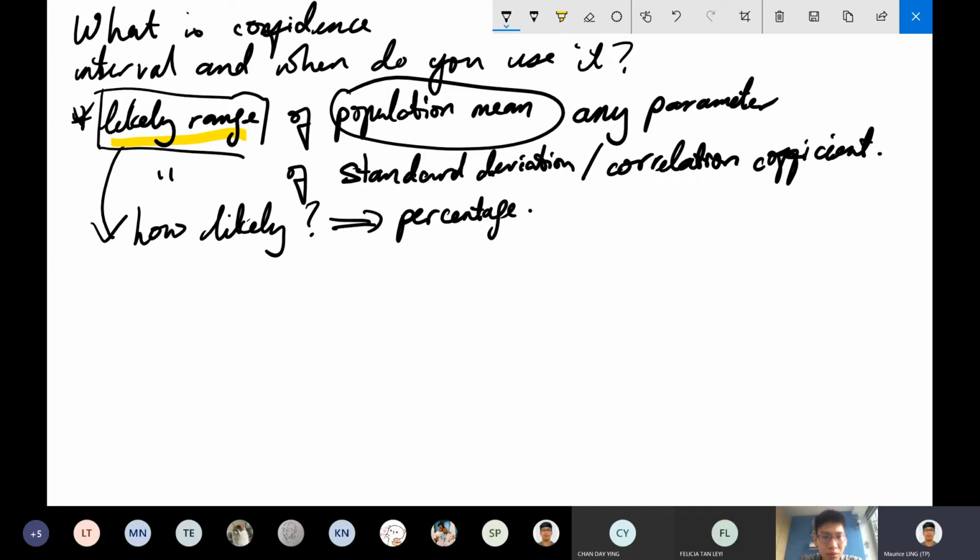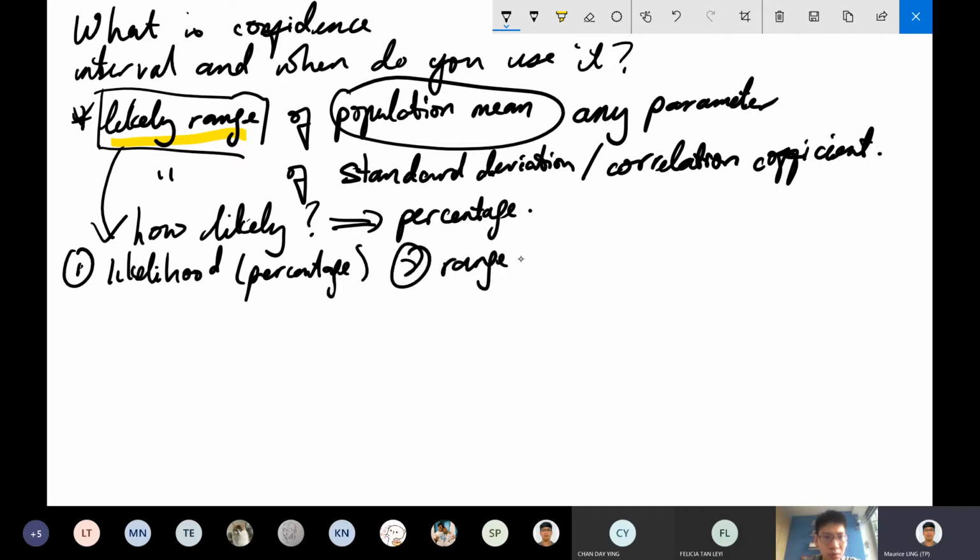So for a confidence interval, there are actually two components. One is the likelihood, which is the percentage. Another one is the range.